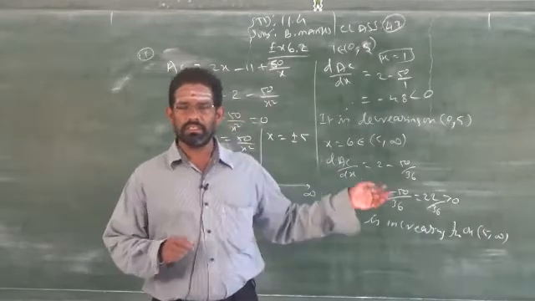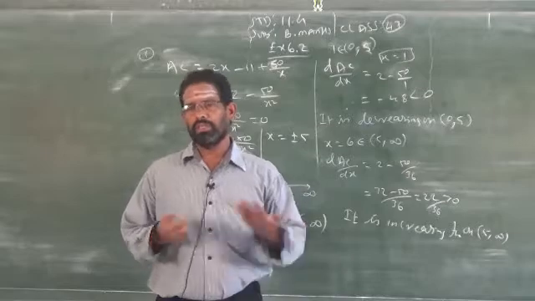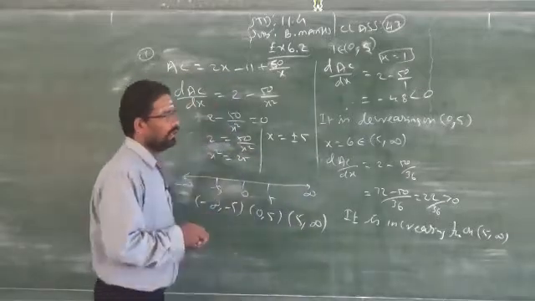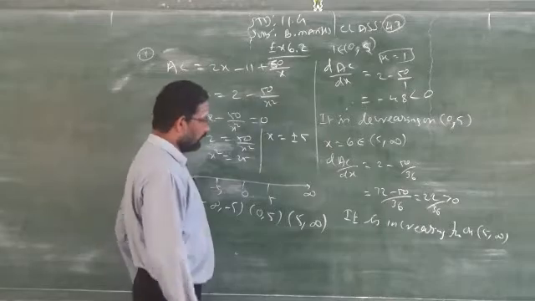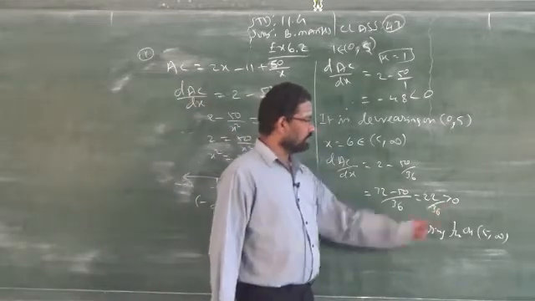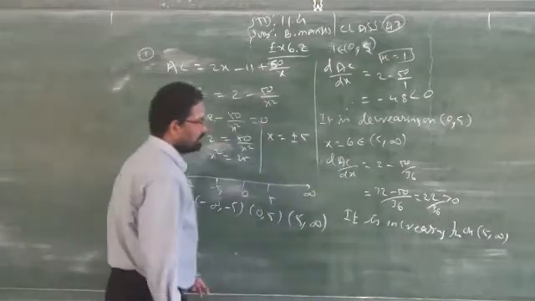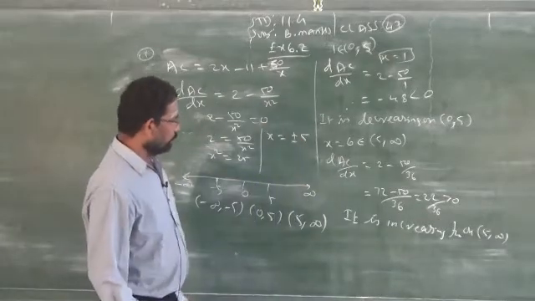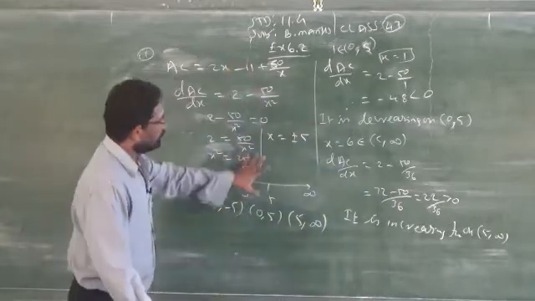When the result is not 0, it is called strictly increasing or strictly decreasing. So here it is more than 0, therefore you write only that it is an increasing function on (5, infinity). In the book, only this answer is given, but you have to follow the process.